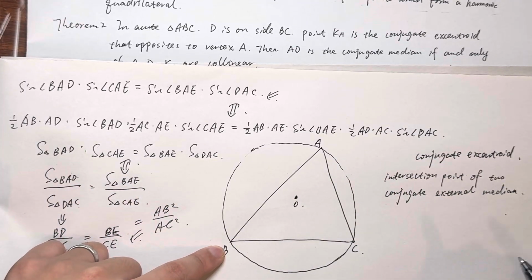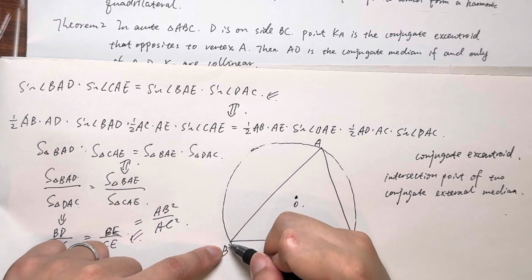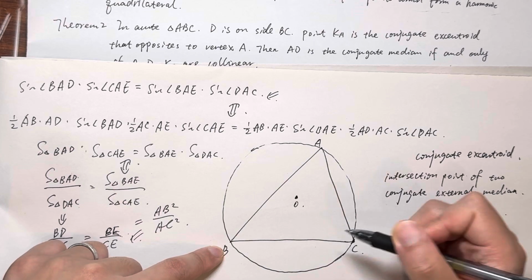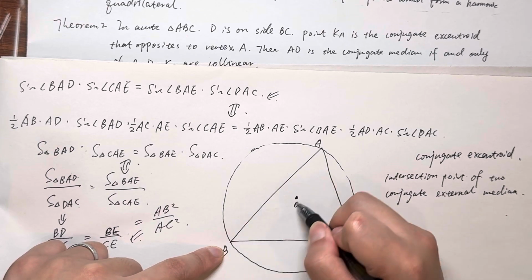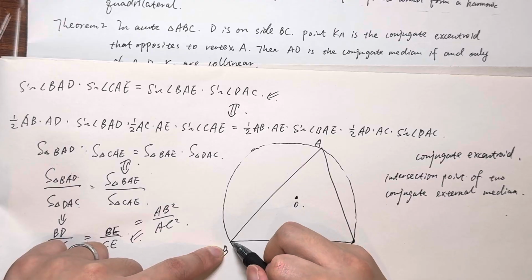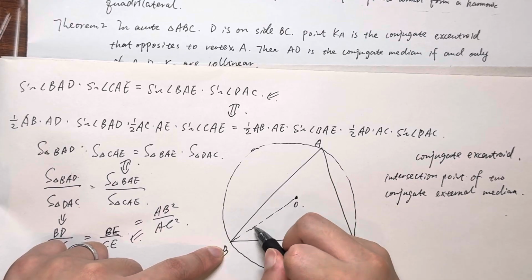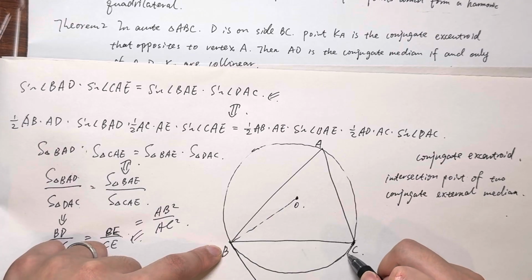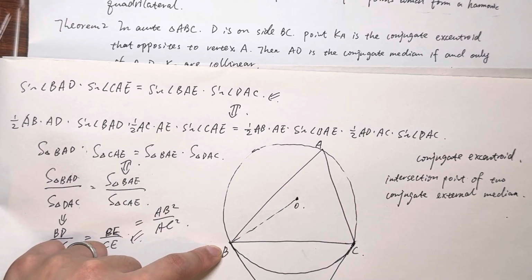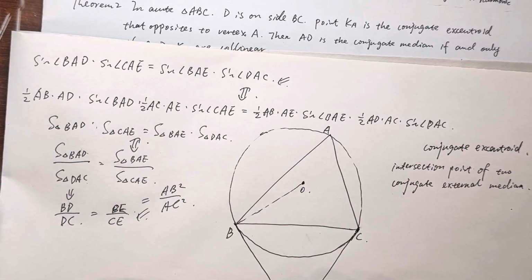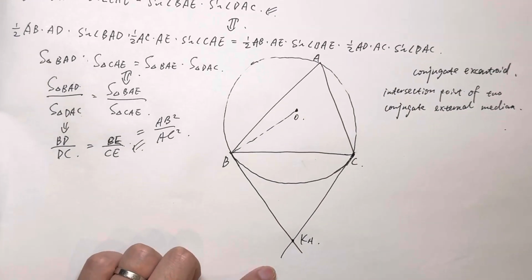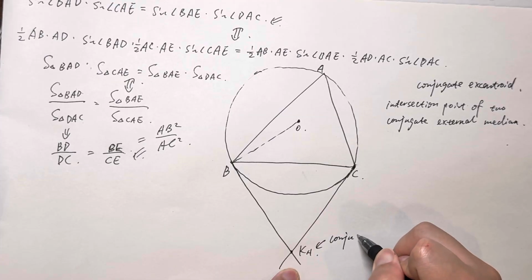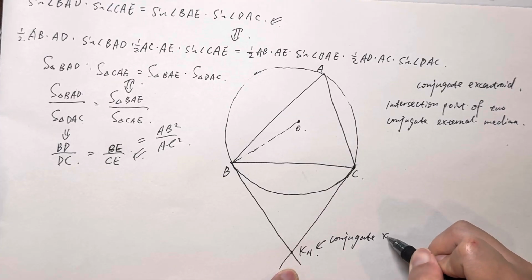The conjugate external medians on vertex B and vertex C should be perpendicular to OB and OC because they are tangent lines, right? So we have the tangent line here and a tangent line here. And this point is KA, which is a conjugate accentroid.